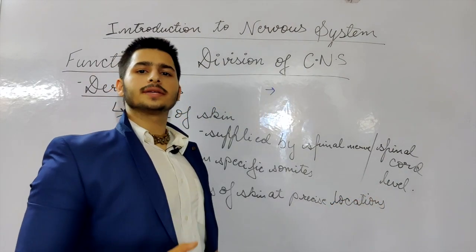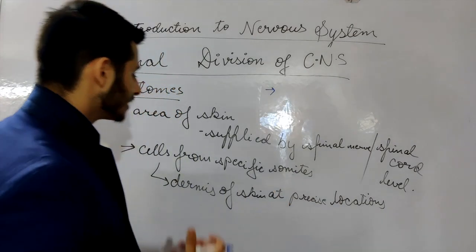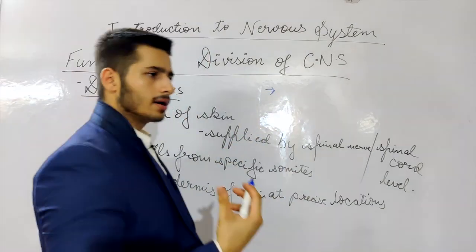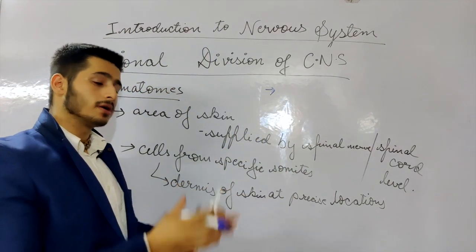The somatic sensory fibers that are associated with these specific somites enter the spinal cord from the posterior side and become a part of the spinal nerve.